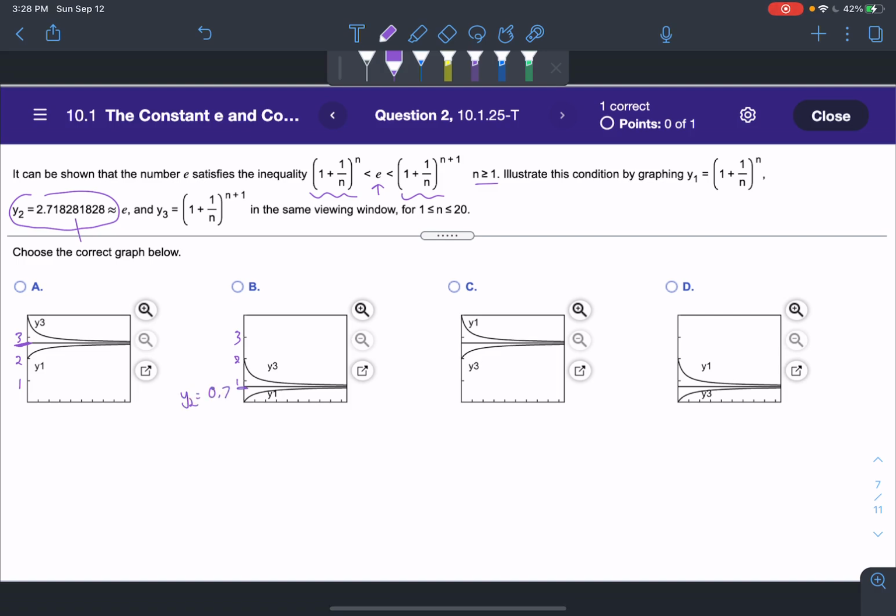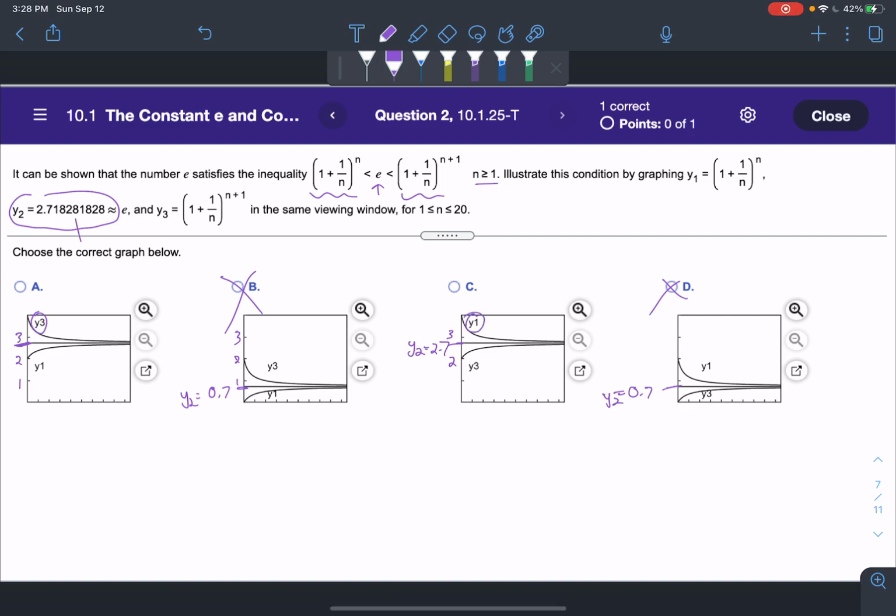So let's throw B out. I think C also might have y2 equal 2.7. So potentially C, and then D, again, we have this 0.7 perhaps. So probably throw out D as well. Now the difference between A and C is very subtle, but basically it shows y3 on top versus y1.